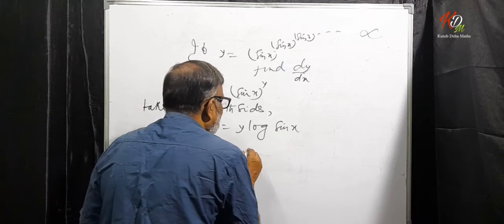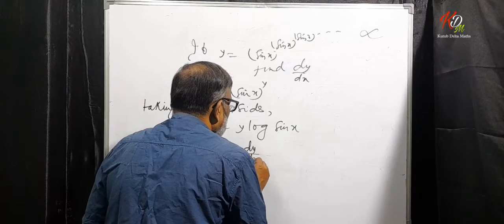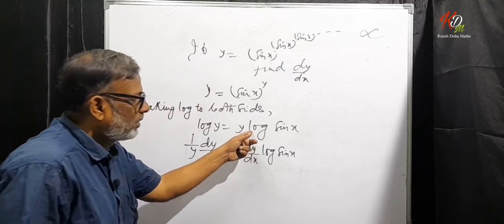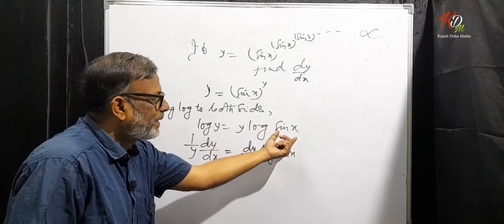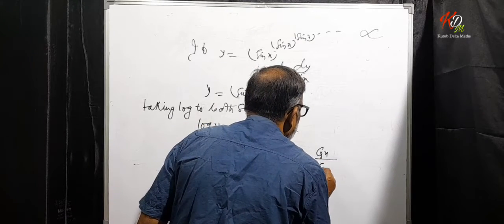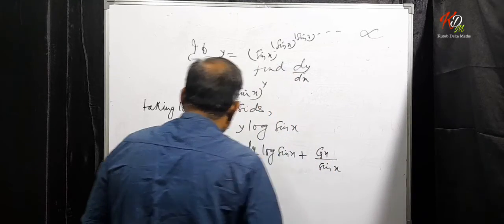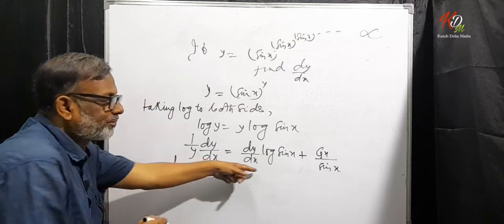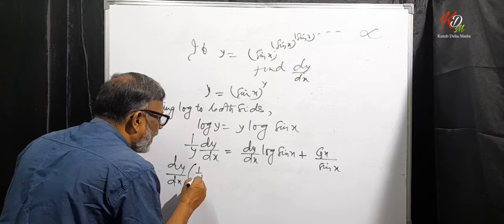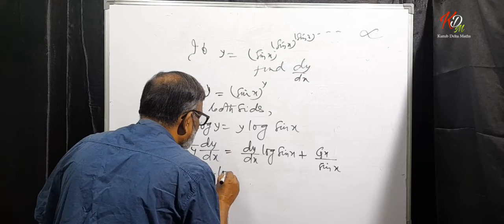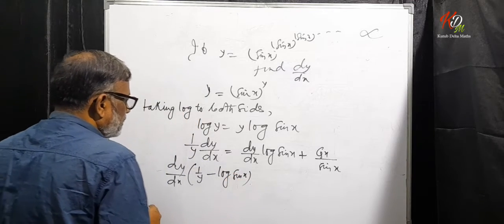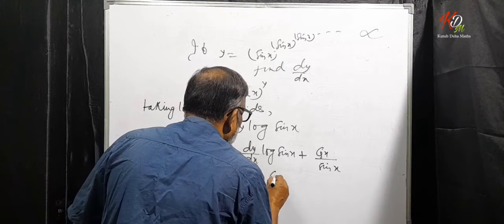Now differentiating log sin x: the differentiation of log sin x is 1 by sin x, and the differentiation of sin x is cos x, that means cos x by sin x. So transposing dy/dx, (1 by y minus log sin x) dy/dx equal to cos x by sin x.